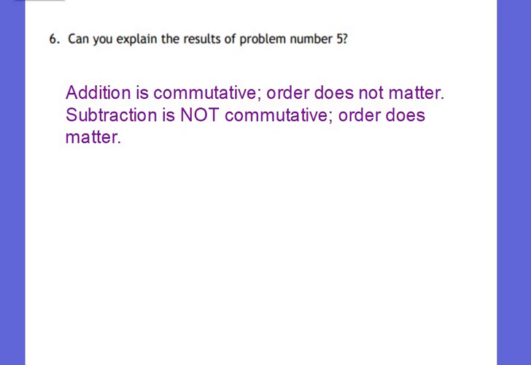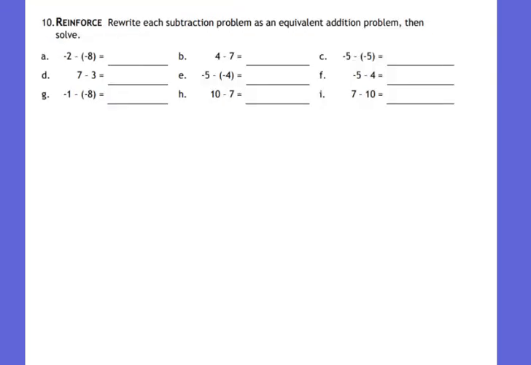We are going to go ahead and skip to problem 10, which is part of our homework, and I'm going to explain what they're wanting here. Problem 10 says to rewrite each subtraction problem as an equivalent addition problem, then solve. So I first have to rewrite it. Negative 2 minus a negative 8.